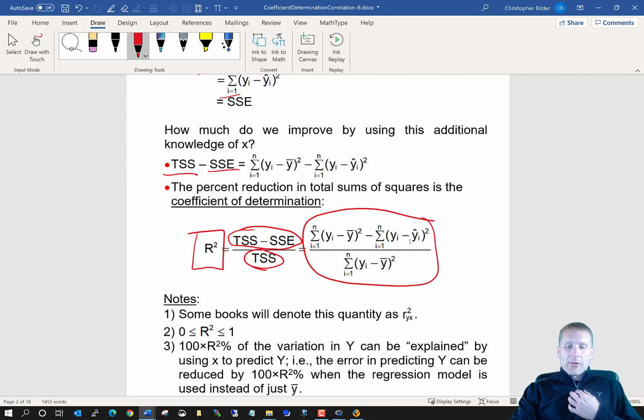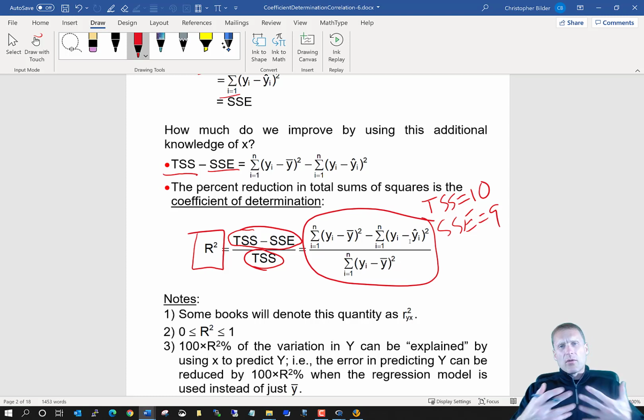So, for example, let's do a simple numerical example here. Suppose the total sums of squares is 10, and the SSE is 9. So you can see that by using x in this case, you're not really reducing the overall prediction error.